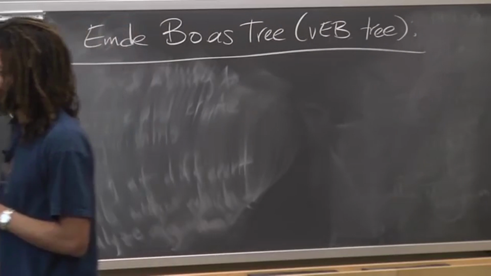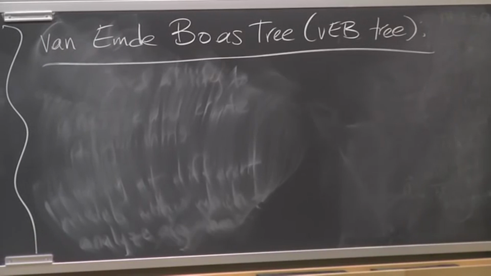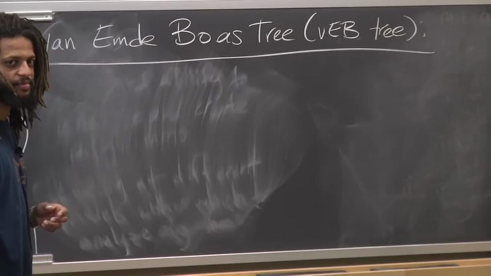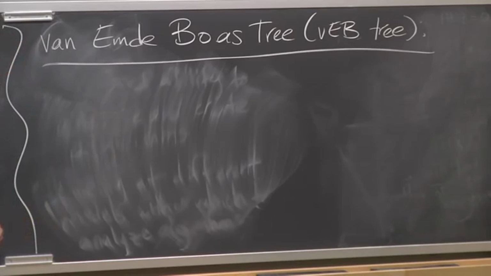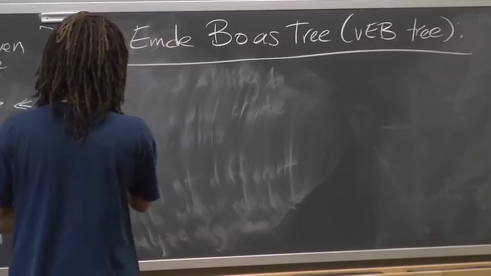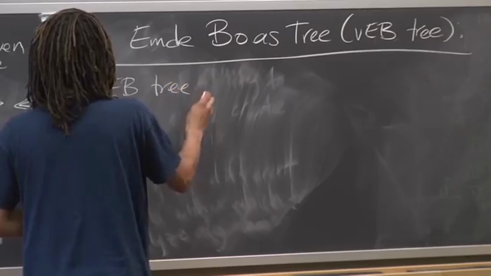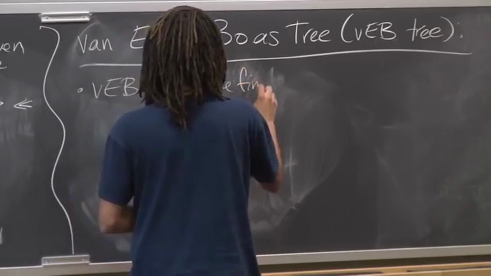The basic idea is, well, I guess you guessed that we're going to do something with fudging with bits, because we can't just do comparisons. The basic idea is some kind of divide and conquer. So VEB trees will be defined recursively.